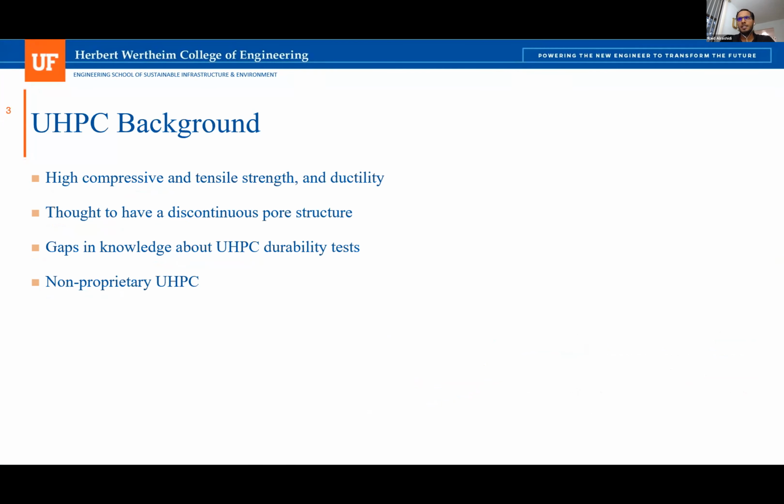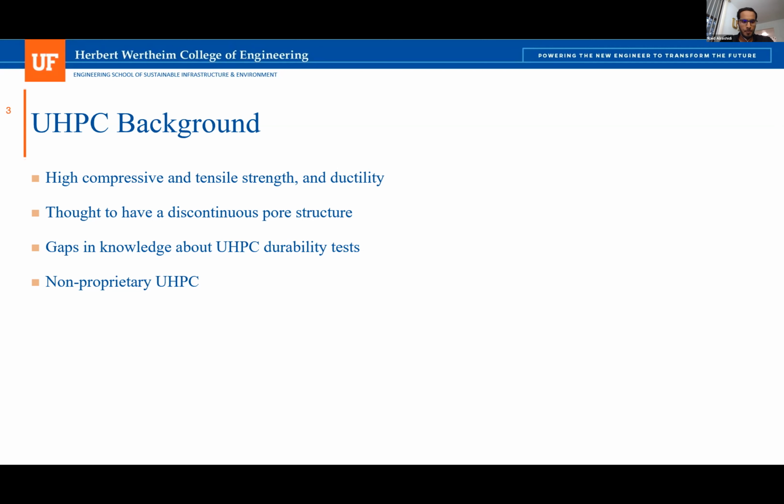UHPC is a new class of concrete made with fibers to provide a high compressive strength and ductility. UHPC is also known for its superior mechanical and durability properties when compared to normal concrete.